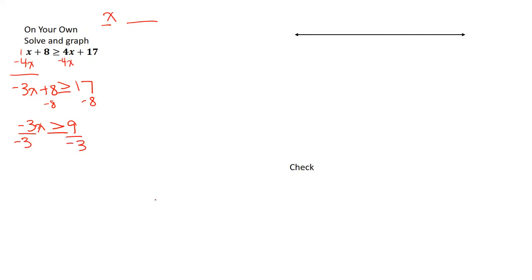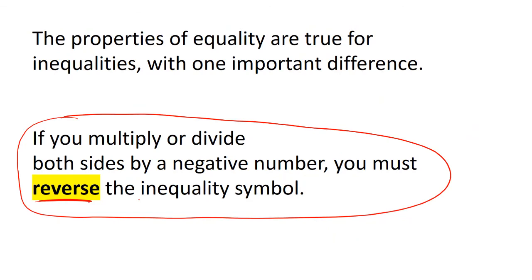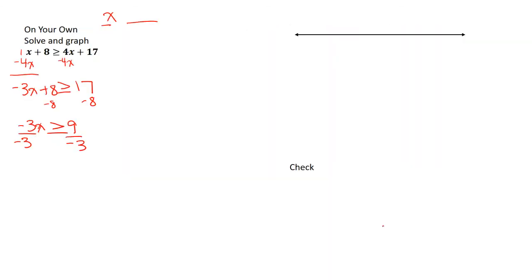Now, going back to our rule again, if you multiply or divide both sides by a negative number, you must reverse the inequality symbol. So our inequality symbol right now says greater than or equal to, so we're going to change that to less than or equal to. So negative 3 divided by negative 3 is 1, so that leaves us with x is less than or equal to negative 3.